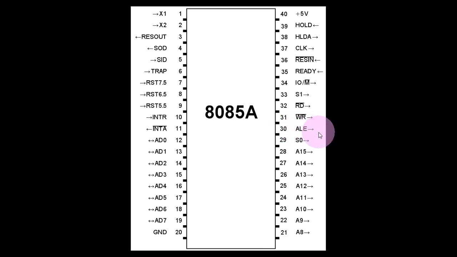So to clear that confusion, we have an address latch enable signal, ALE. Think of it in this logical way. If you're trying to read something from the memory, the first thing you will do is provide the memory address on this complete set of address lines, AD0 to A15. Once the address has been provided, there is no use of that address.